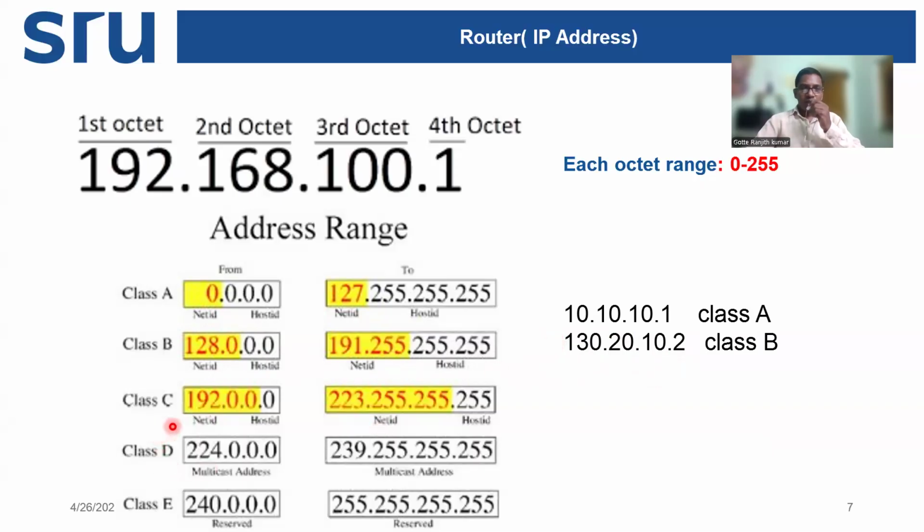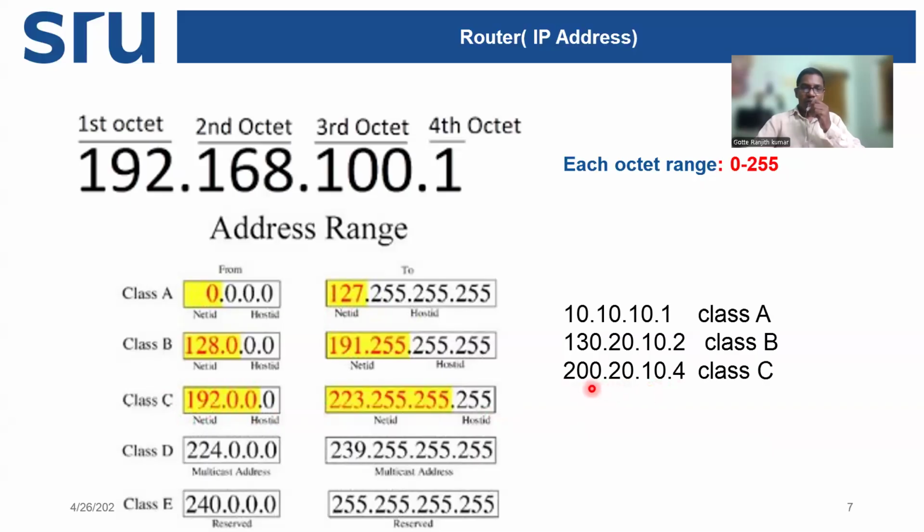Now coming to class C, this is the class C range, and here you can see the first 3 parts are colored in yellow. That means the first 3 octets represent the network address, and the last octet represents the host address. Let us take one example: 200.20.10.4.